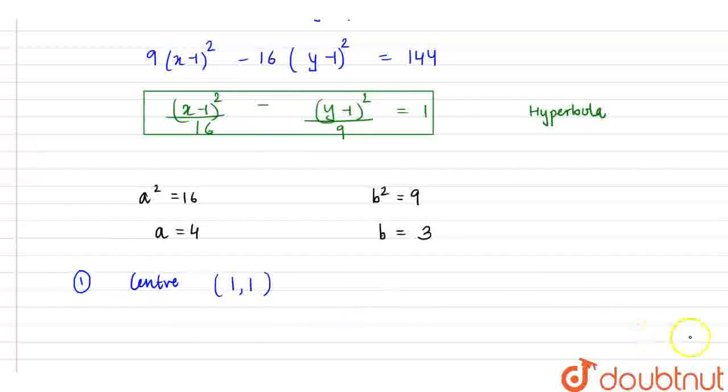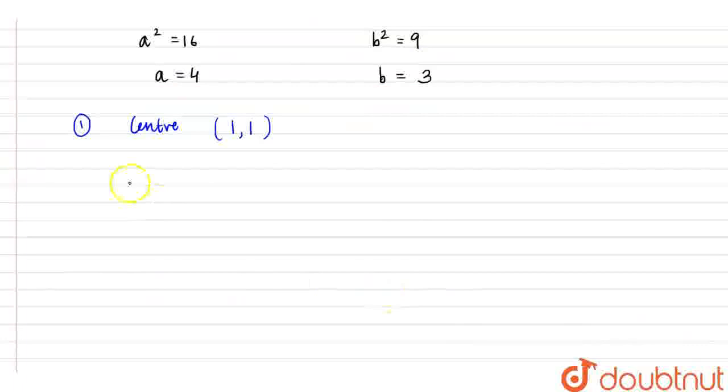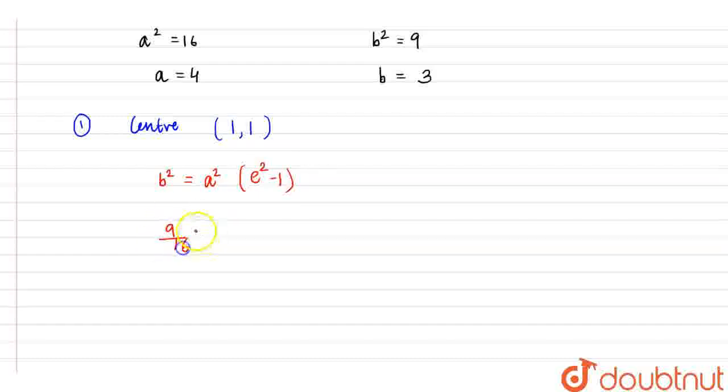Secondly, we need to find eccentricity. So we know that b square equals to a square into e square minus 1. Using this formula, we will find eccentricity, which will become 9 upon 16 plus 1 equals to e square. Further solving, e square will be equal to 9 plus 16 upon 16.